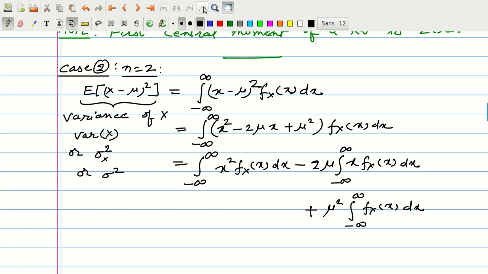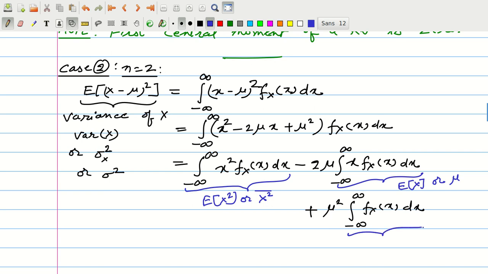Now here we can recognize the first integral as the second moment or the mean square value E of X square, or also denoted by X square bar. The second integral we recognize as the first moment E of X, or simply mu. The last integral is the total area under the PDF curve, which by definition is equal to 1.